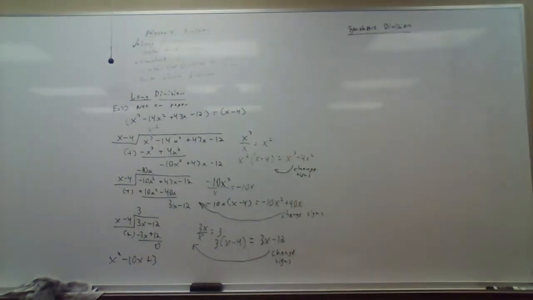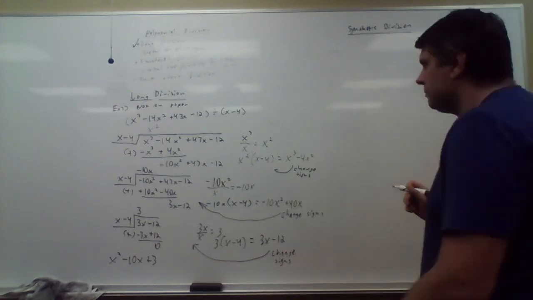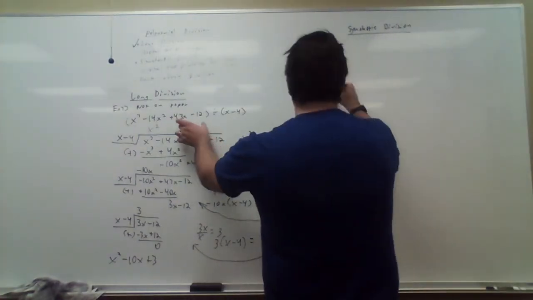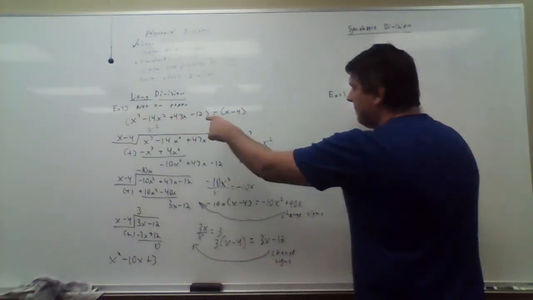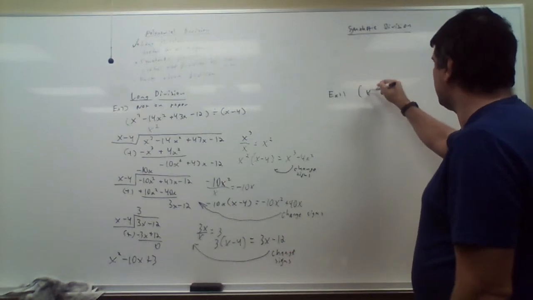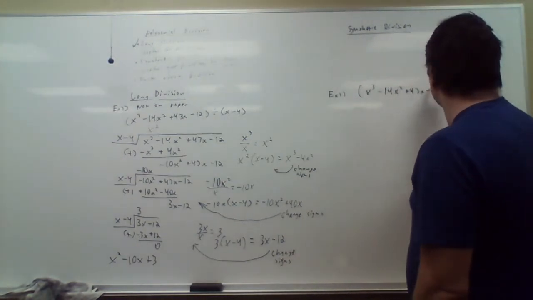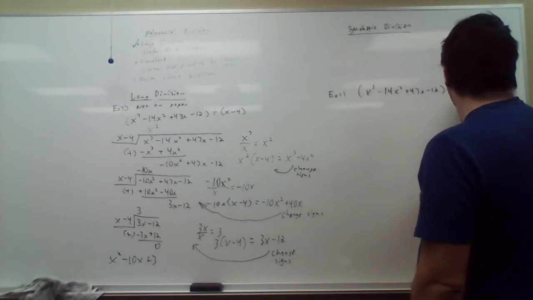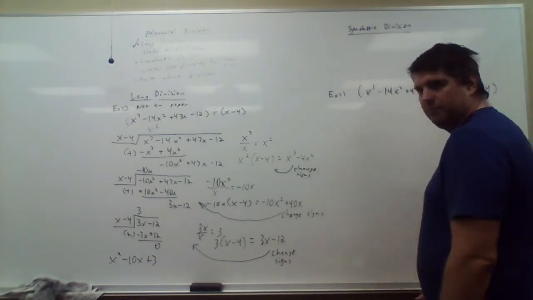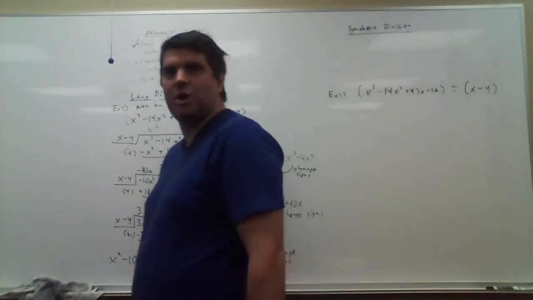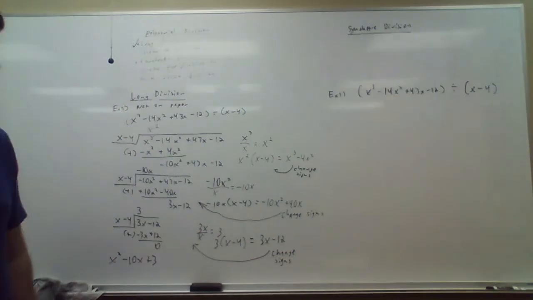Okay? So, I will be doing the same problem. X cubed minus 14x squared plus 43x minus 12 divided by x minus 4. Okay, I'm going to be doing it by synthetic division.